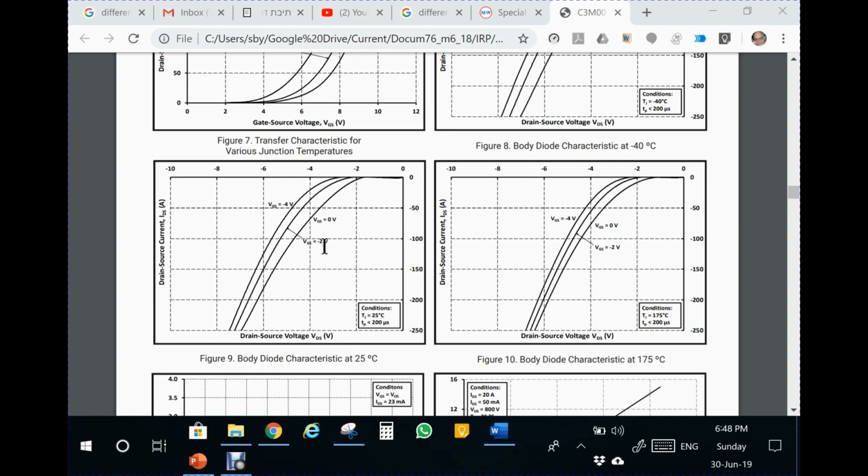What we see here is that the voltage drop on the device is fairly high. At 100 amps, it's 5 volts. So among other things, not only is this a rather slow diode, also the power dissipation of this diode will be high.